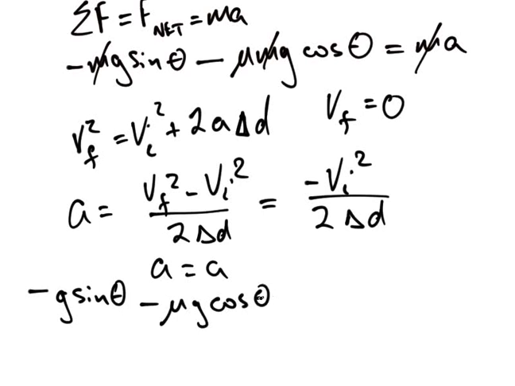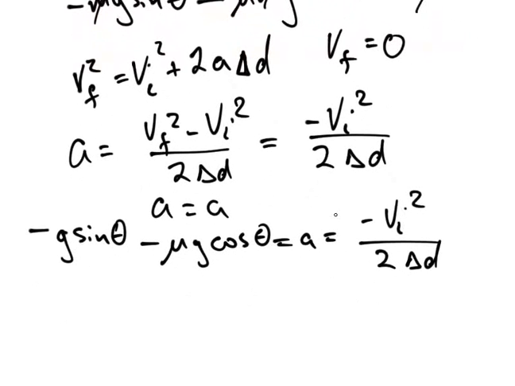However, since we also have an equation for acceleration from up here, let's set those two equations equal to each other. So we have, okay, a equals a. So that's negative g sine theta minus mu g cosine theta is equal to a, which is also equal to negative vi squared all over 2 delta d.